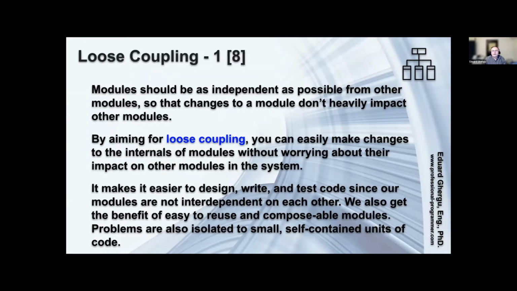Next, and we are getting closer to the end of the first part, is loose coupling. Loose coupling is something that we really want to have. So to keep the functionality of modules or components or classes, functions, whatever, methods, as independent as possible, to minimize towards zero the dependencies on others.